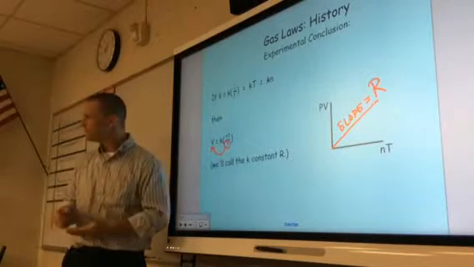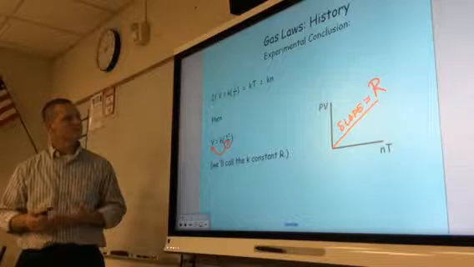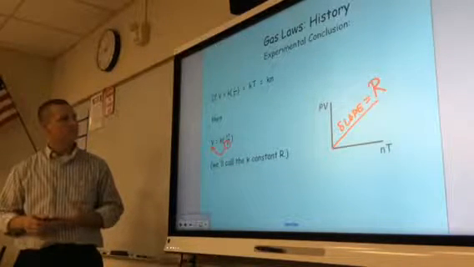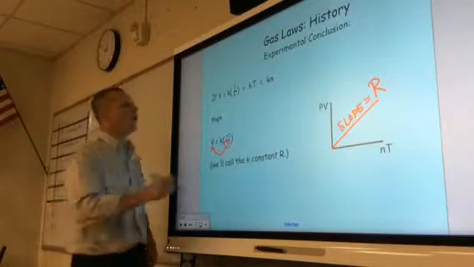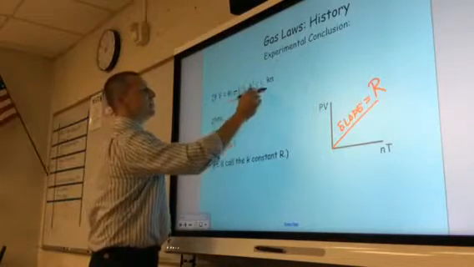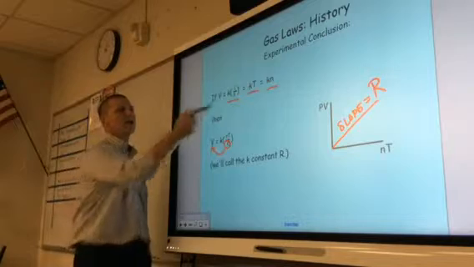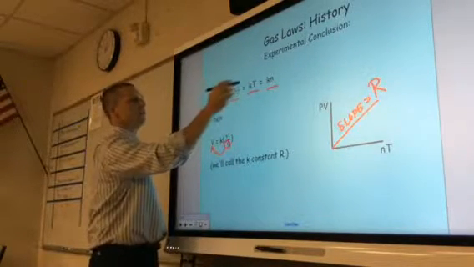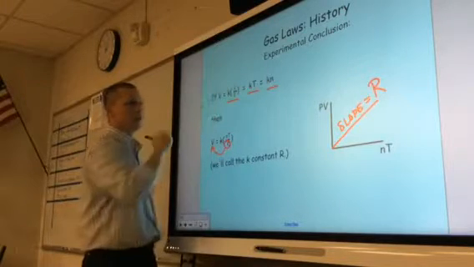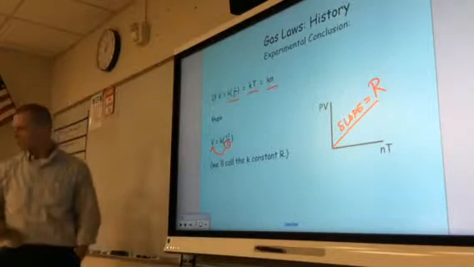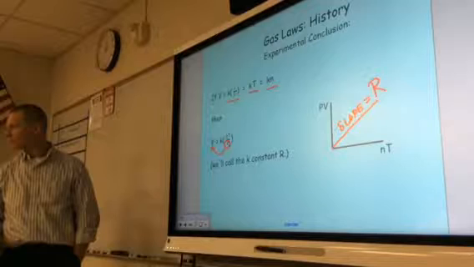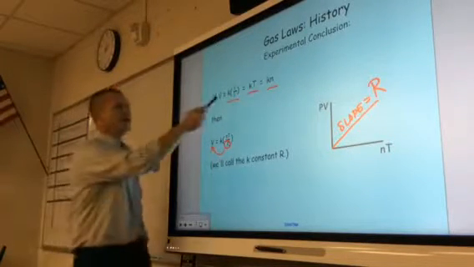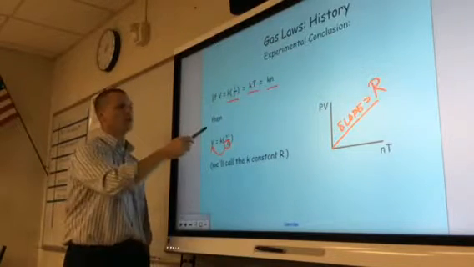How do we get V equals K NT over P from the three equations? We're just taking these and putting them all together. N and T are in the numerator, P is in the denominator. So if volume is equal to these three things, then we can put them all together. Won't the K be the same? No, the Ks are different. Every one of these Ks is different. That's why we can put them all together.